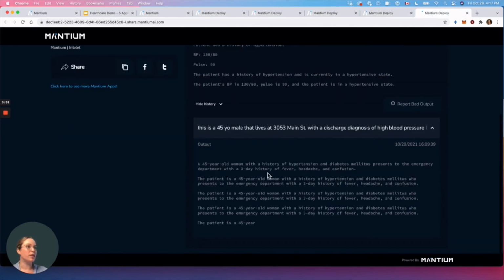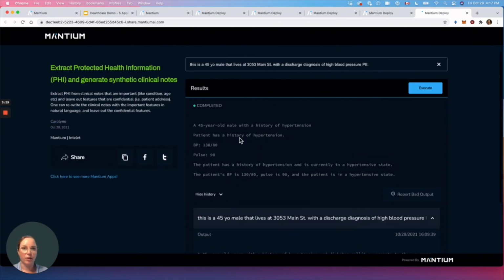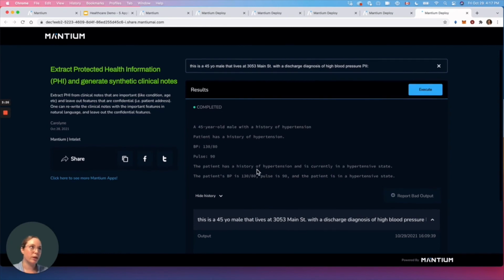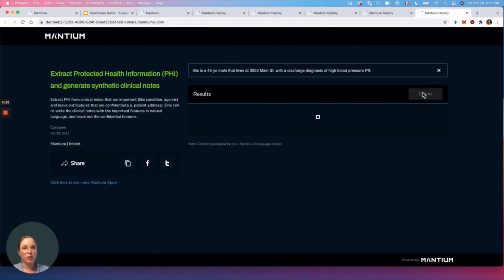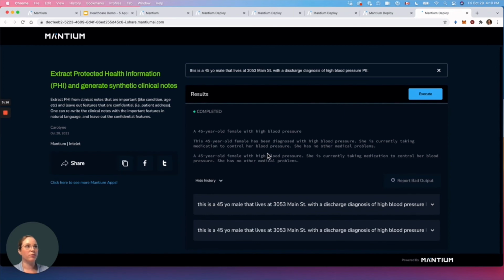And so you see here that the second AI that's involved in this intelet definitely takes a more creative approach. And what's great is that you can continuously execute this AI and get several different outputs for this synthetic clinical note generation.